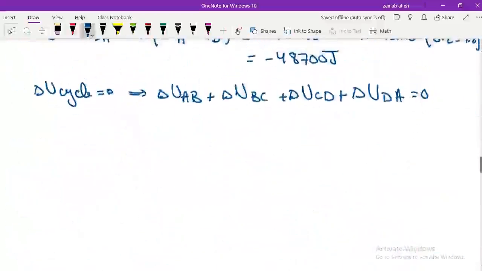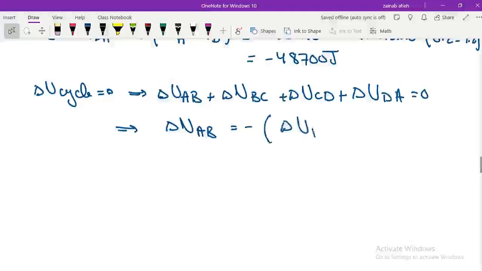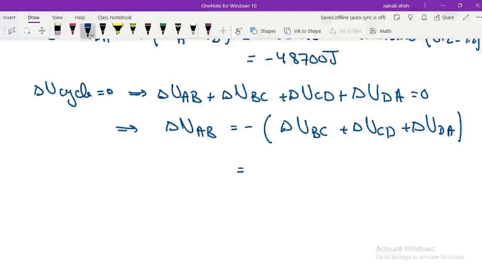Remember, I'm finding delta U AB, so delta U AB is equal to minus delta U BC plus delta U CD plus delta U DA. I have all of them as numbers. You can insert them and you will get 42909 joule, and this is delta U AB. Okay, using the cycle method.